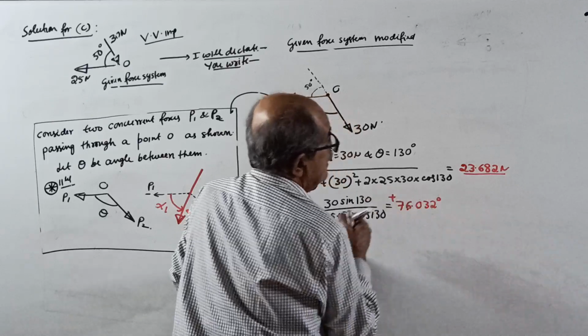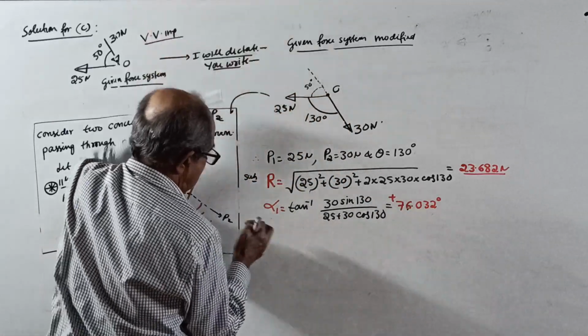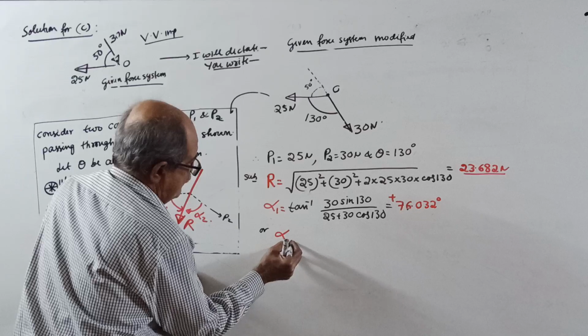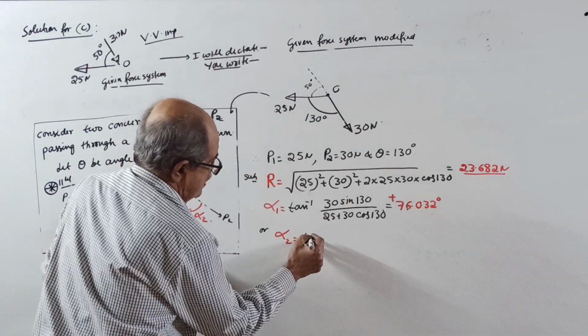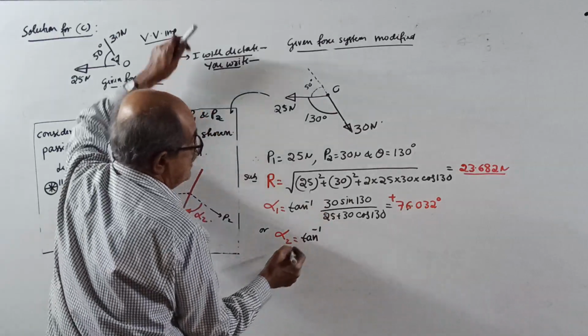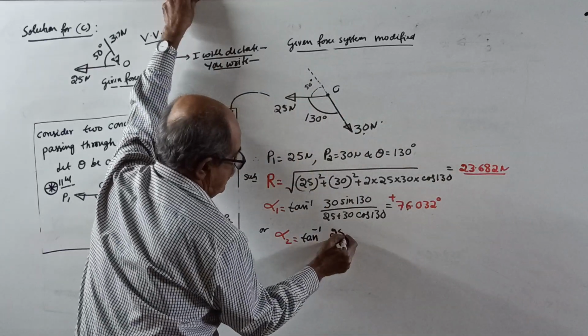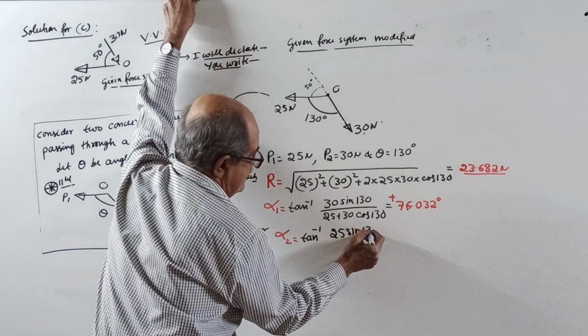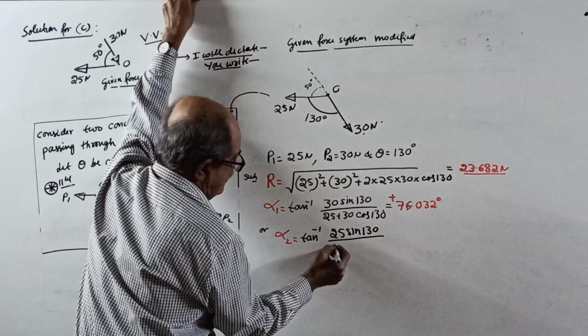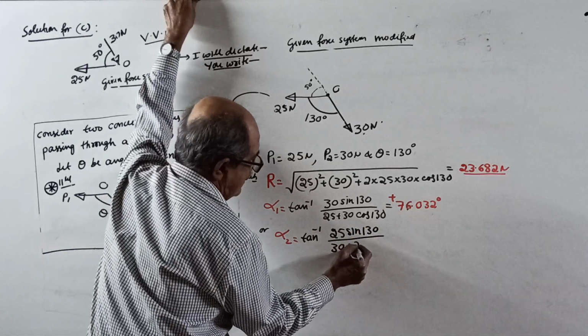Or just to understand, alpha 2 equal to tan inverse of, with this force you are doing now the other force, 25 sine 130 divided by 30 plus 25 cos 130. Once you understand the concept, there is nothing here.